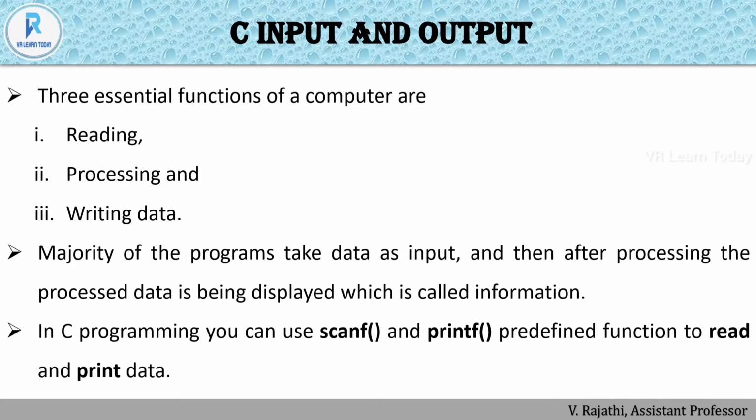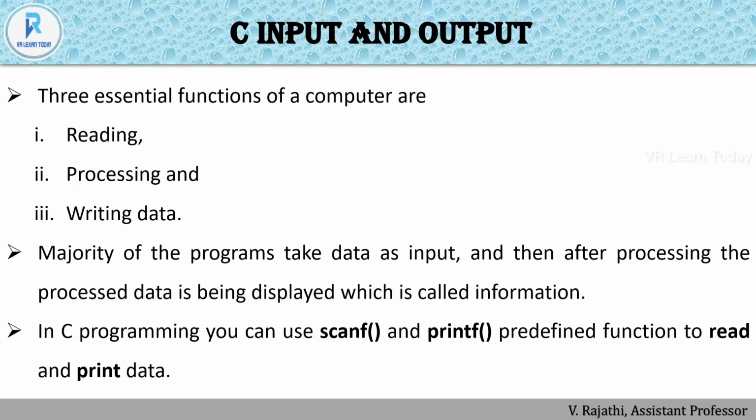Three essential functions of a computer are reading, processing, and writing data. The majority of programs take data as input, and after processing, the processed data is displayed, which is called information. In a C program you can call the predefined functions scanf and printf to read and print data.